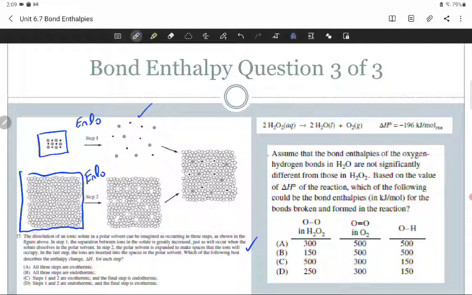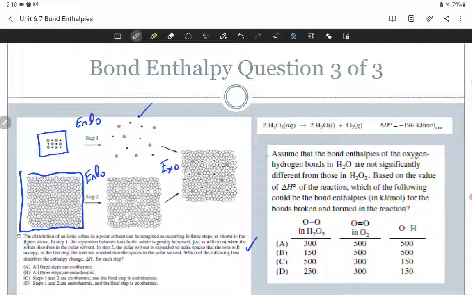When you take the cations and anions and you have them attracted to the polar nature of water, the partial negative end of oxygen of water, and the partial positive end, hydrogen end of water, those are bonds formed. And so that's going to be an exothermic process.